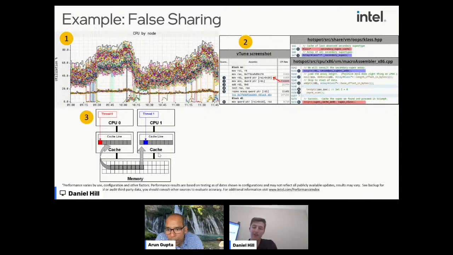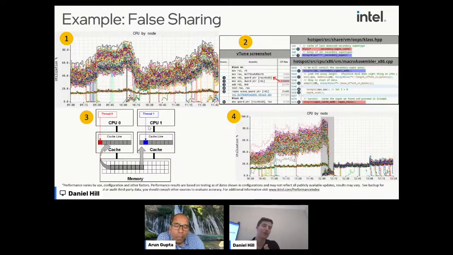And the solution was the JDK just needed to add a little bit more padding into this class struct. And so when you add that padding, then these two threads won't clash on their cache lines. And so everything will fit into cache more cleanly, and they won't be evicting each other.